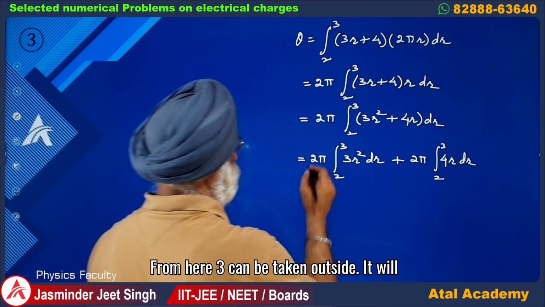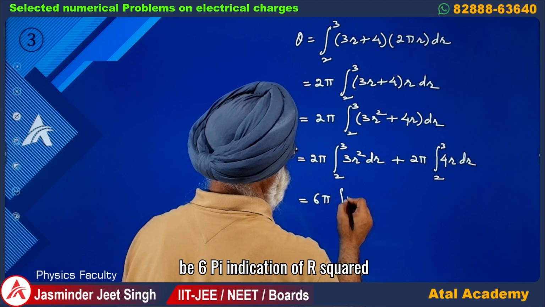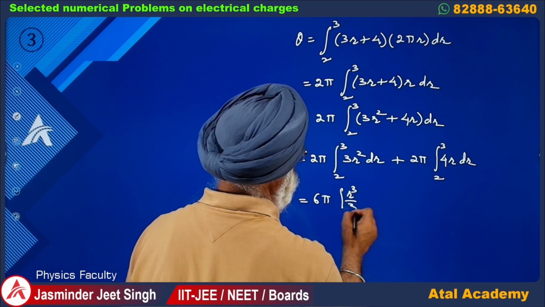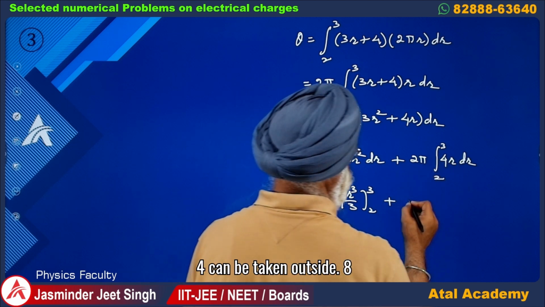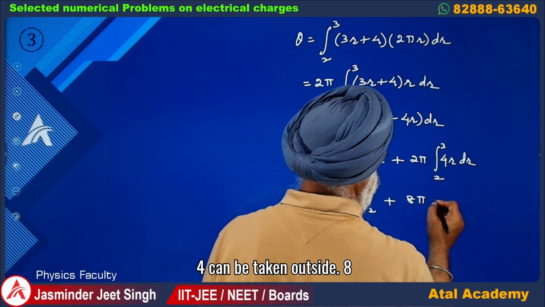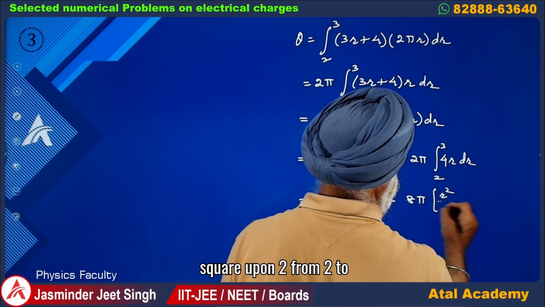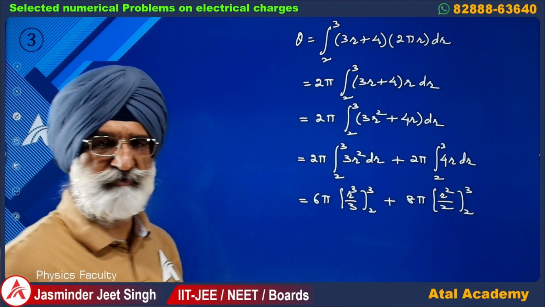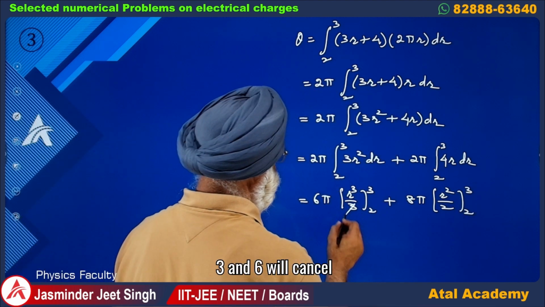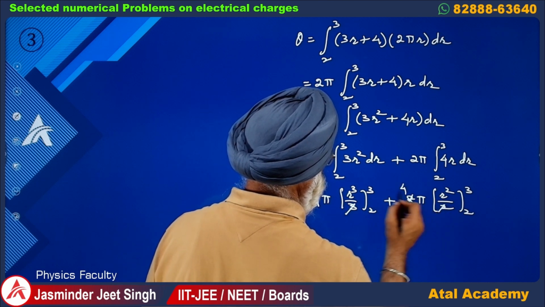From here, 3 can be taken outside, it will be 6 pi. Integration of r square dr is r cube upon 3 from 2 to 3. Plus 4 can be taken outside, 8 pi. Integration of r dr is r square upon 2 from 2 to 3. 3 and 6 will cancel and 2 and 8 will cancel.